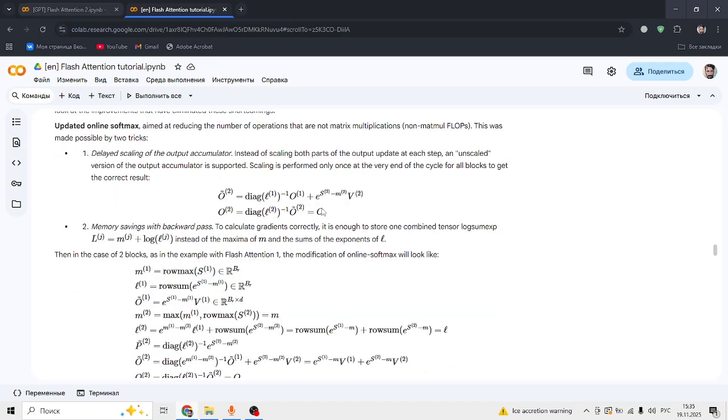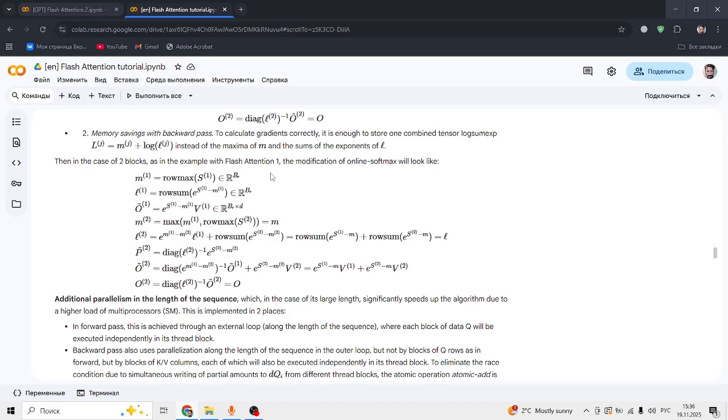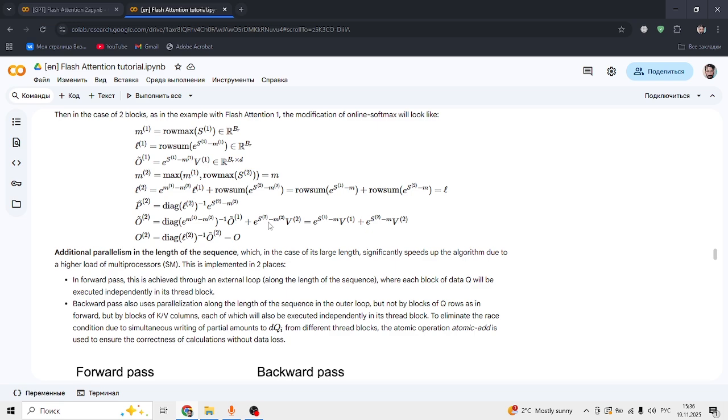Another thing is that we can save more memory with backward pass, because instead of saving maximum and sums of exponents separately, we can do this in one combined tensor. So this looks like this, and the whole algorithm for improved online softmax, or stable online softmax, you can see here. So we can stop the video, we can read this, everything simple and cool.